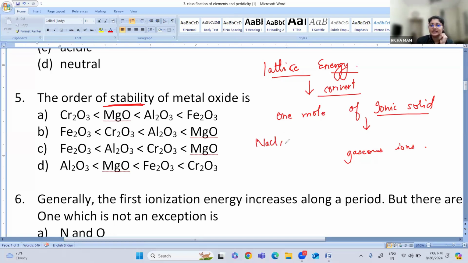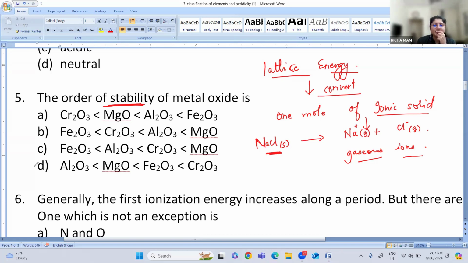Suppose I want to convert solid NaCl into gaseous Na+ and Cl- ions. So the energy which is required to convert the ionic solid into gaseous ions is called the lattice energy.